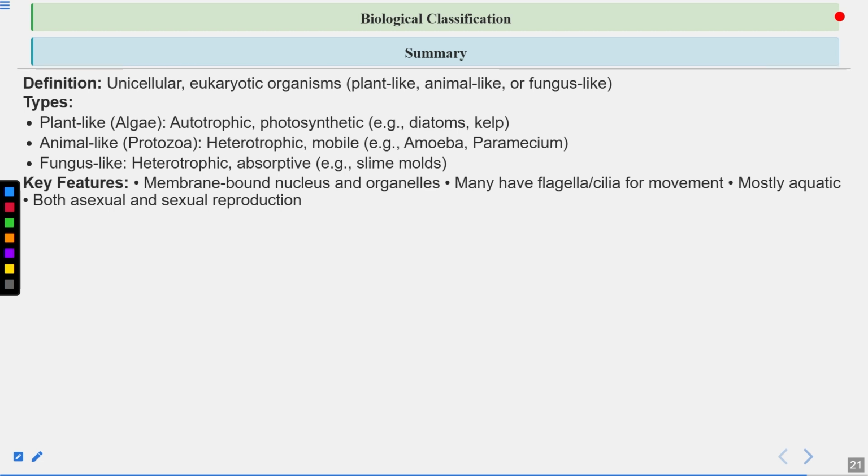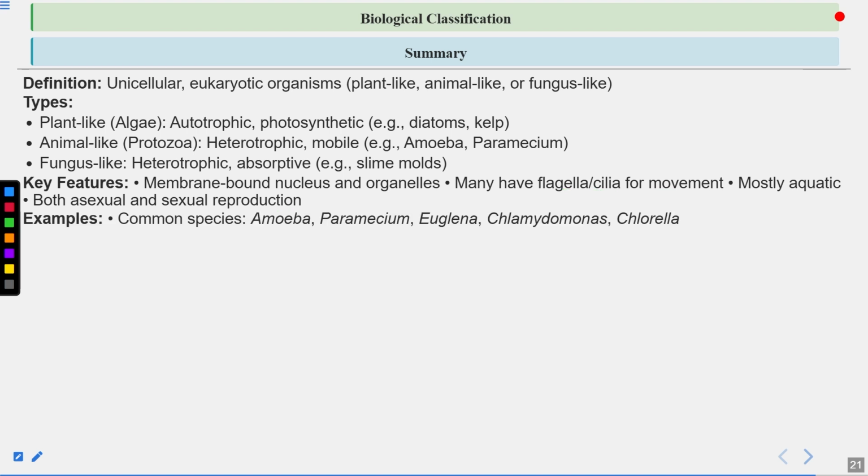Now, what are the key features? They have membrane bound nucleus and organelles because they are eukaryotes. They have flagella or cilia for movement. They are mostly aquatic, and they can reproduce by both asexual and sexual reproduction.